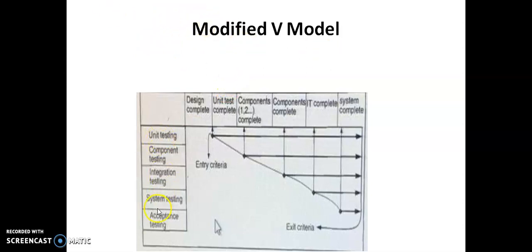These are the different types of testing, and these are the different phases of testing. The unit must undergo the unit test. This represents that it is completed here. Then it moves to the next stage, and to enter the unit test phase, it must satisfy the entry criteria, and after completing the unit test, it must fulfill the exit criteria. And this diagram explains the modified V model.